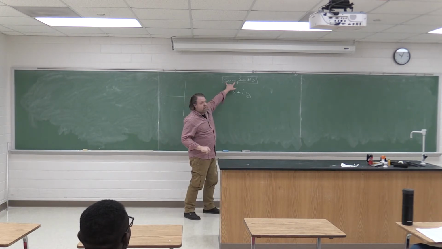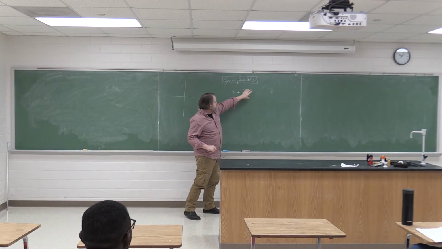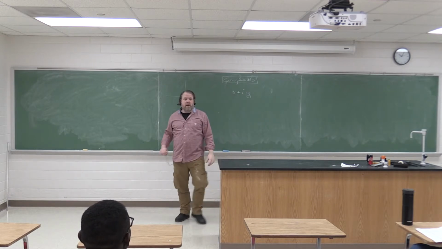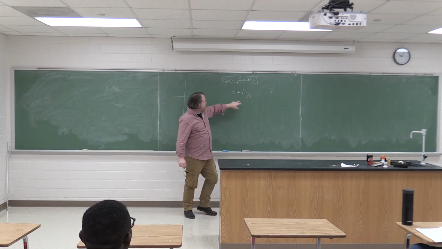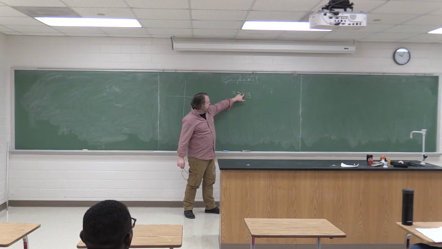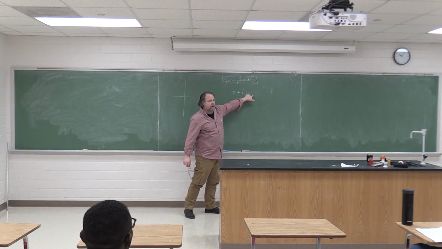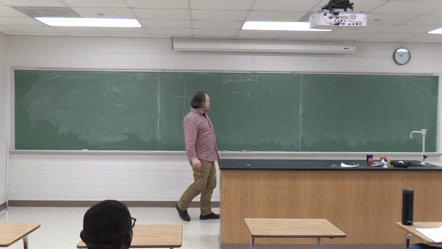A complex number, complex means mixed, has a real part, which is x, and an imaginary part, which is y. Now, y itself is a real number. So the only place the i exists is right there. And whatever's next to the i, the coefficient of the i, is the imaginary part of the complex number. And then the part without an i is the real part.